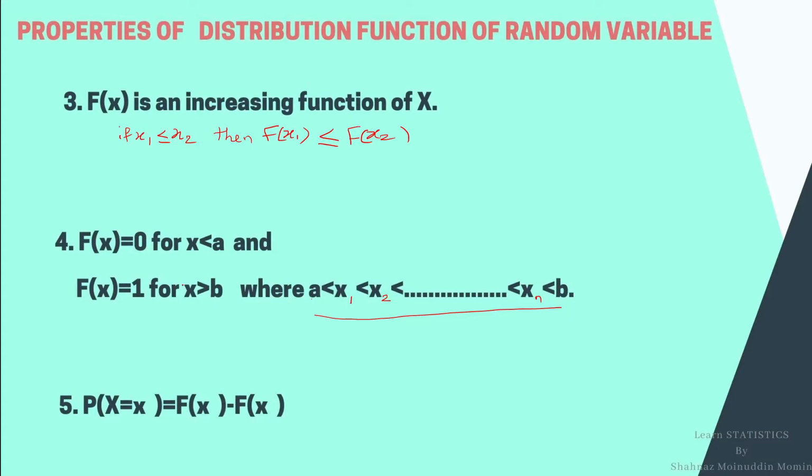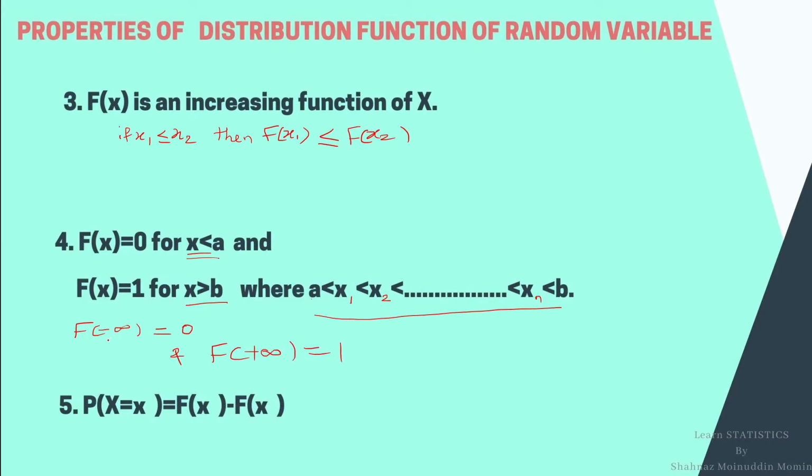Then the CDF of x for x less than a is 0 and it is 1 for x greater than b. Means CDF of minus infinity is equal to 0 and the CDF of plus infinity is equal to 1.